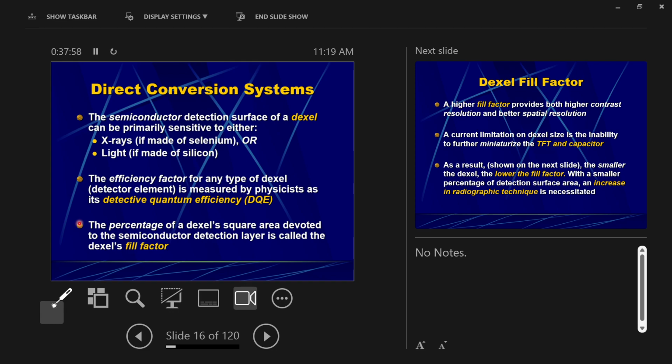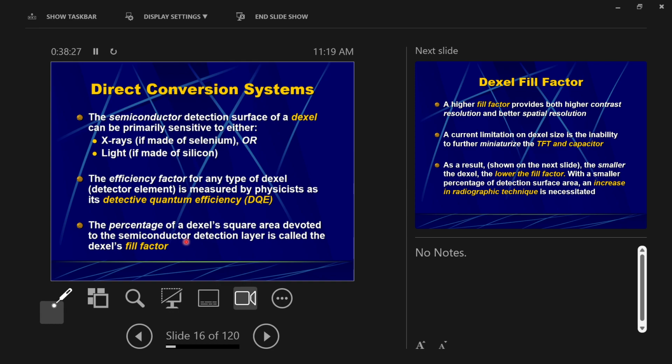That little tiny square is not 100% filled with detector surface. Some of that square area is dedicated to the thin film transistor switch and the storage capacitor battery. The percentage of a Dexel's square area devoted to just the detector surface is called the fill factor. If the fill factor was 100%, the whole surface would be detector, but it never is going to be 100%.